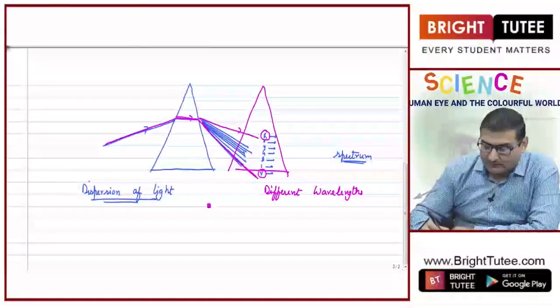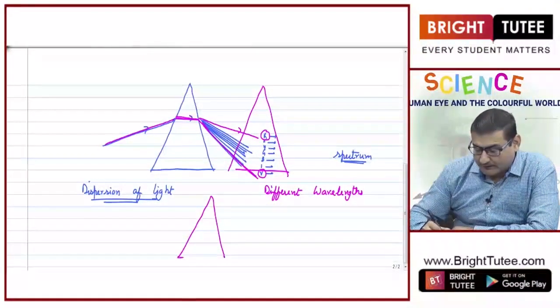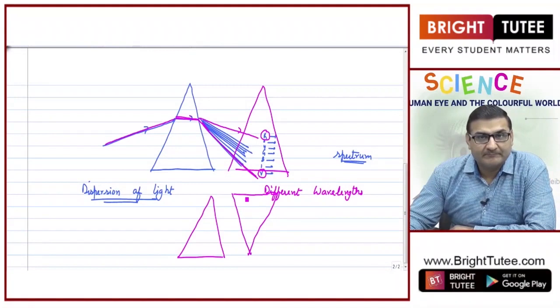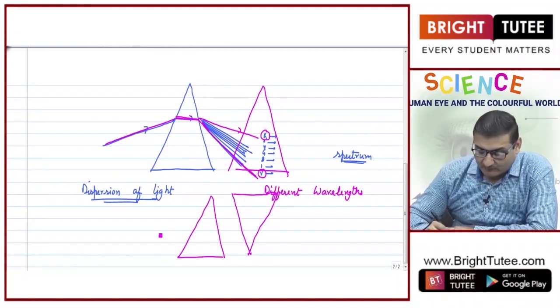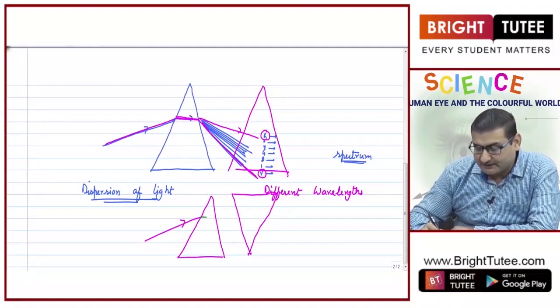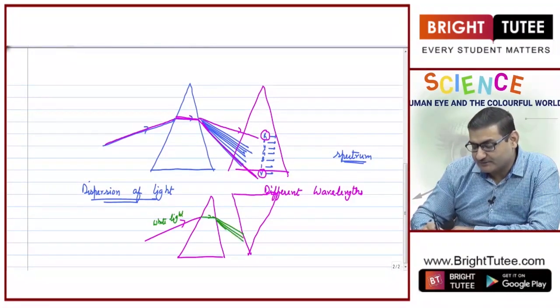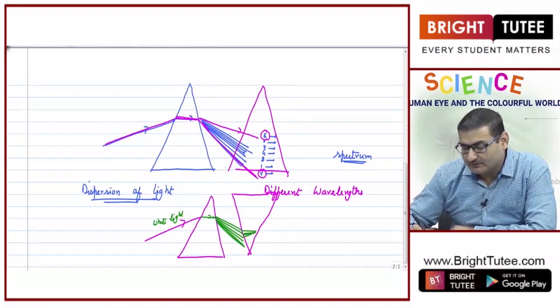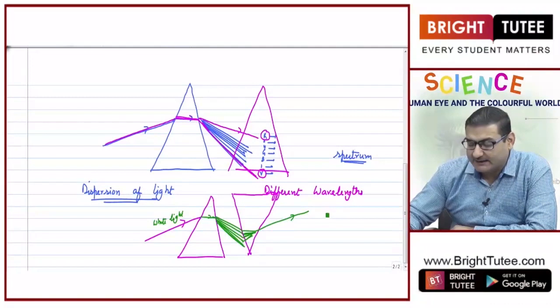What he did was, he put up a glass prism and he placed another glass prism just opposite to it, turned upside down, and what he observed was that initially this white light was dispersed into 7 colors, and on passing through this glass prism, it once again came back as white light.